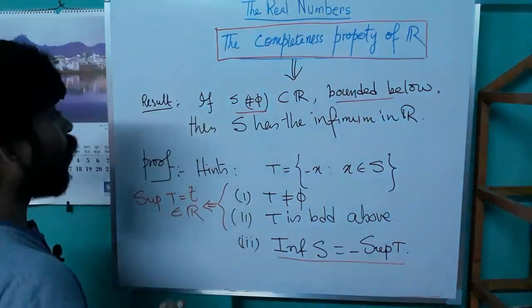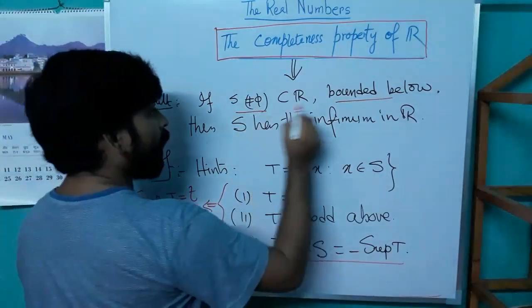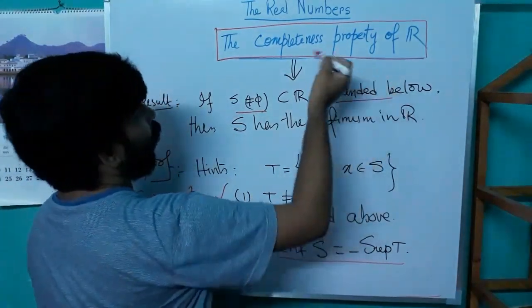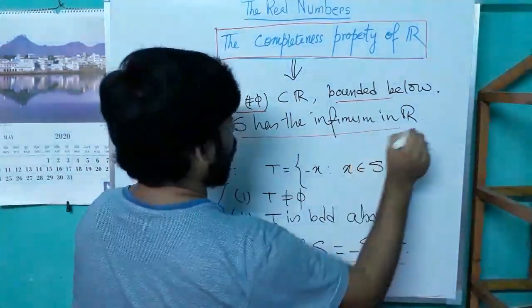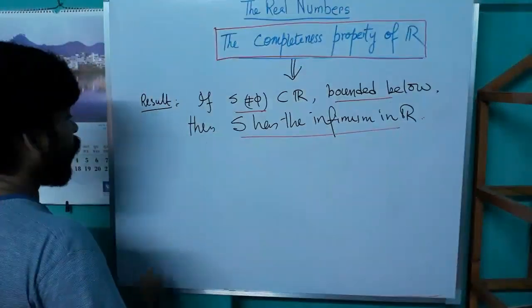So if a set is non-empty and bounded below, then by the completeness property of R we can prove that the set has the infimum inside R. So next, an exercise.